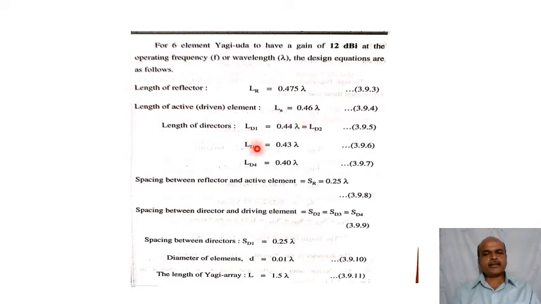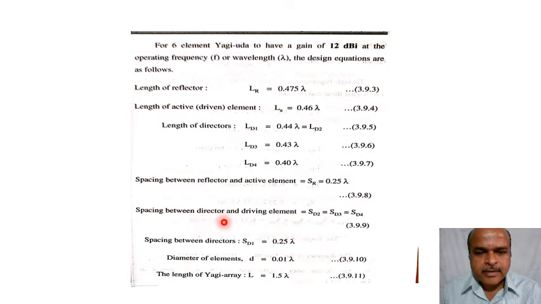Length of directors D1, D2, D3, D4: LD1 is equal to LD2 is 0.44 lambda, LD3 is 0.43 lambda, LD4 is 0.40 lambda. Spacing between reflector and active element, SR, is 0.25 lambda.